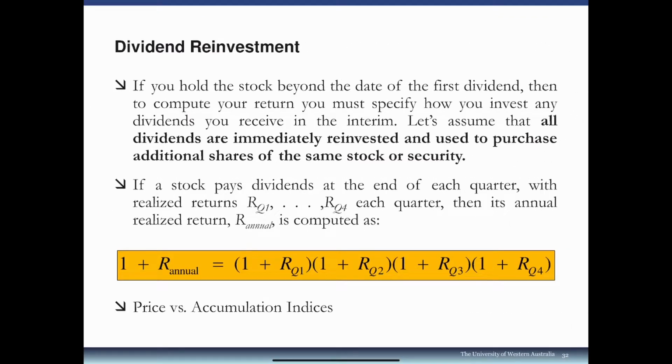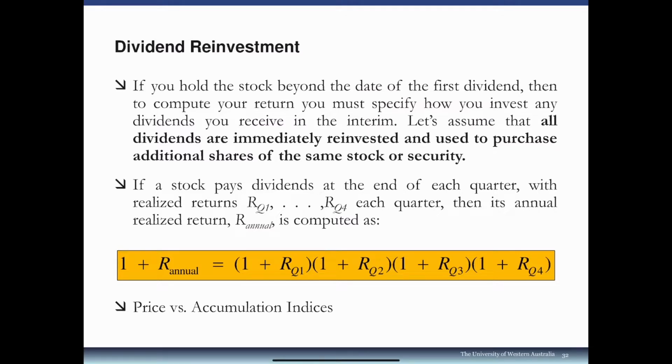Here's another assumption that we make. When people receive dividends, some people choose to cash it out and spend it, to buy a new computer, buy a car, or just pay a bill, right? But some other investors would say, okay, I'm going to reinvest my dividend into buying more stocks, which is a reasonable assumption.